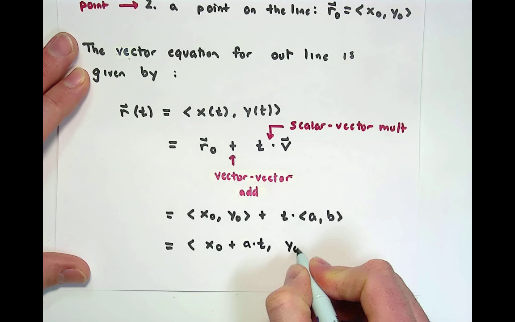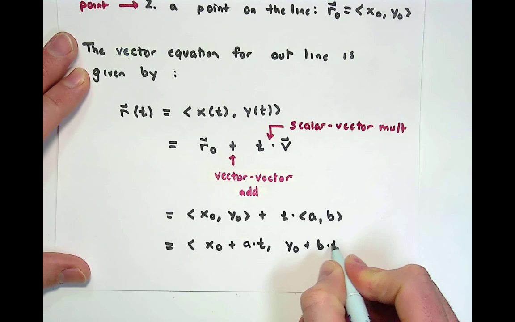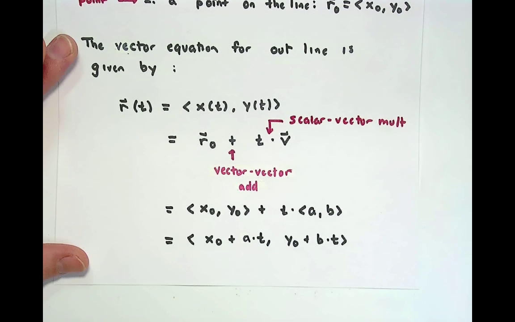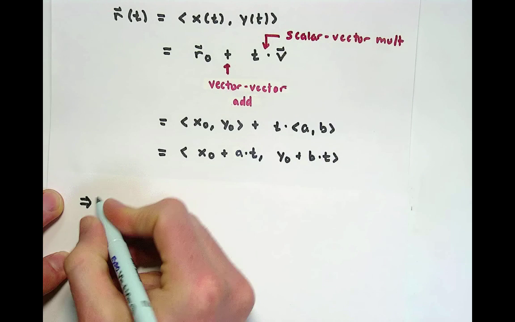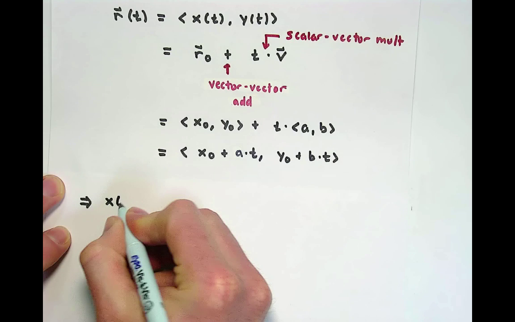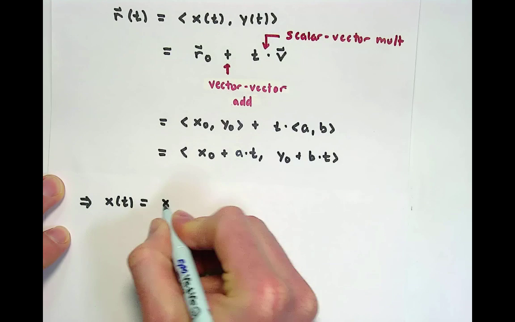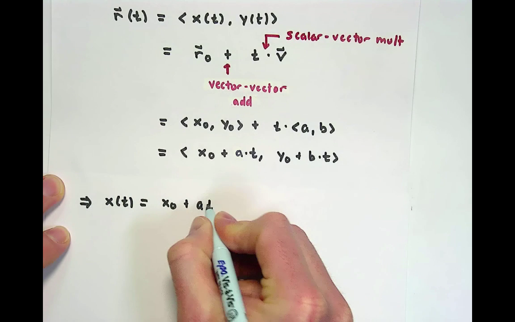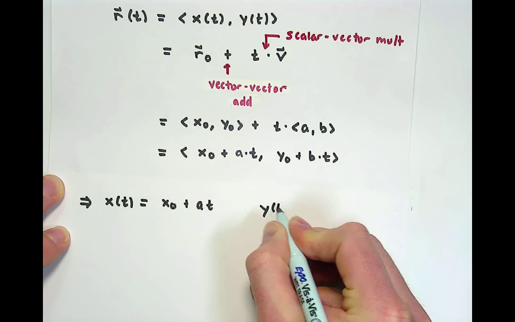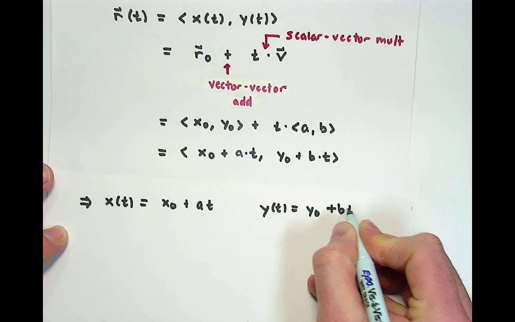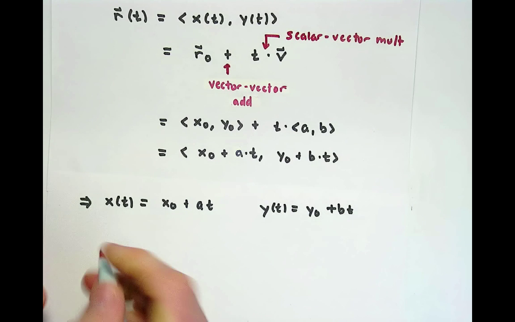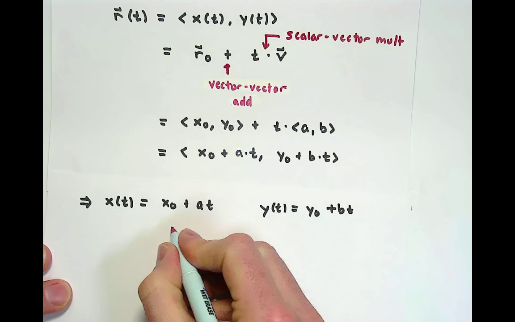And then here we have y naught plus b times t. And this immediately implies that x of t is equal to x naught plus at, and then y of t is equal to y naught plus bt. And these are the parametric equations for x and y.